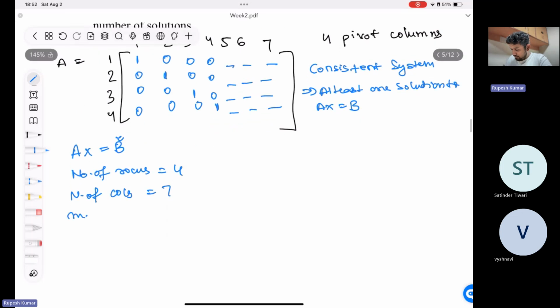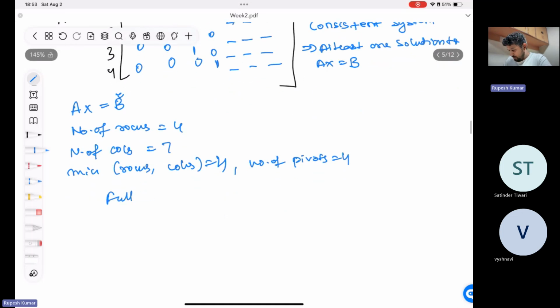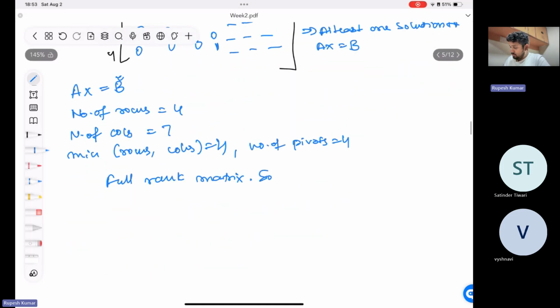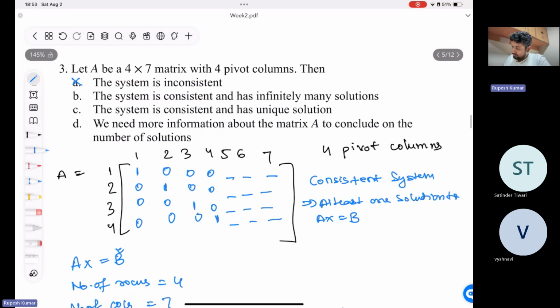What is the minimum of rows, columns? It equals 4. Now the number of pivots equals 4, so this is a full rank matrix. So the system is at least consistent. The system is consistent. So option one is wrong. It is a consistent system.